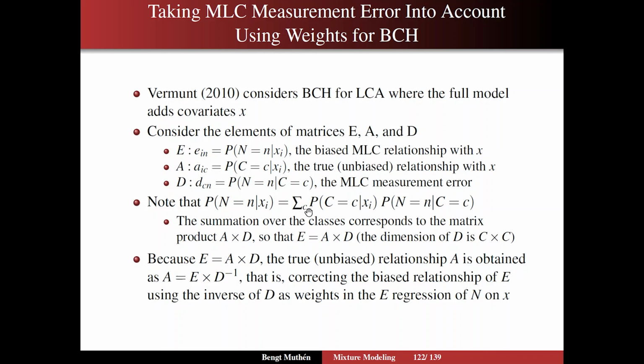And we sum over C, which is the columns of A, and it corresponds to the rows of D. And summing over that is actually then a matrix product, A times D. So the E matrix, the biased relationship, is equal to A, the true relationship, times the measurement error matrix.